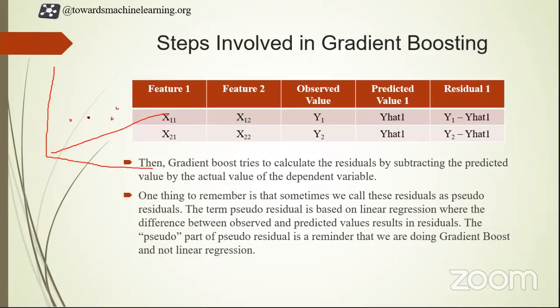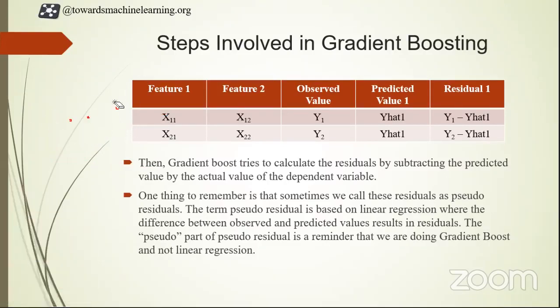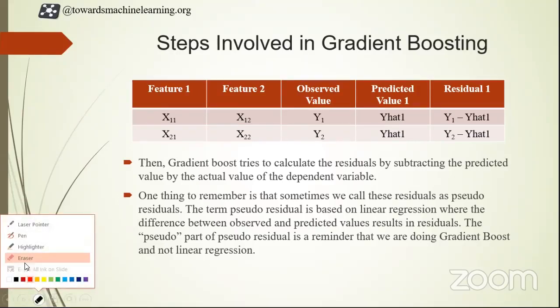In linear regression we subtract the line's values from these points in order to get residuals. That's why we call the residuals in gradient boosting pseudo residuals.